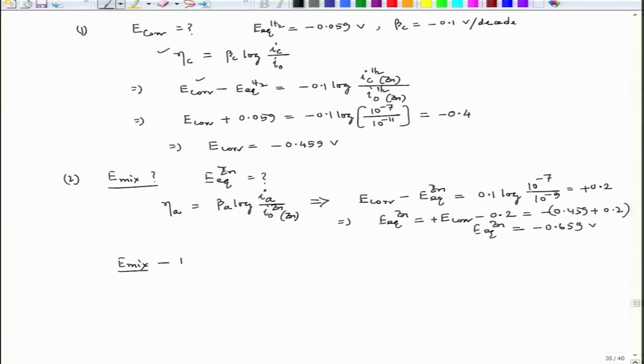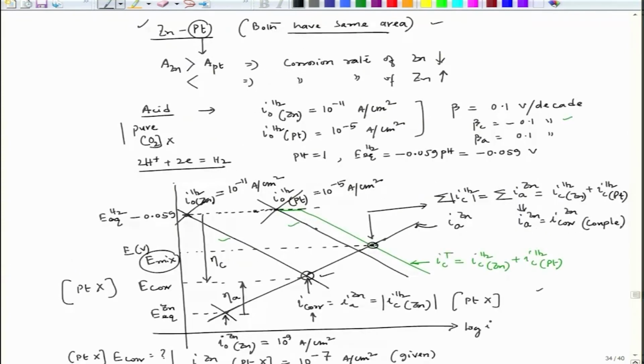So, E mix minus E equilibrium hydrogen, I can write this equation equal to eta C prime equal to beta C log IC hydrogen over I0 hydrogen. Now, if I say this, I am now considering the overvoltage in the green color, I am considering this overvoltage.